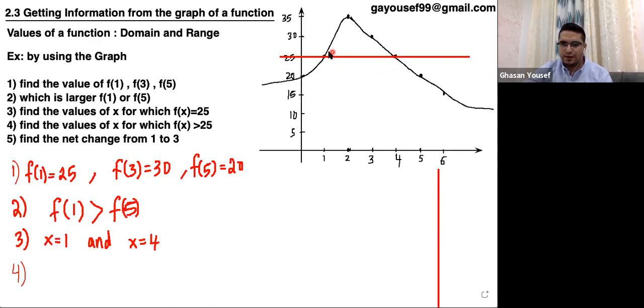So all points between this point and this point. What is all points? Yes, all points bigger than 25. The distance from the x-axis until this horizontal line is 25. So they ask about the values of x such that the function is greater than 25.